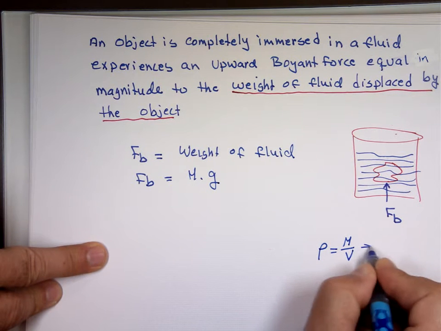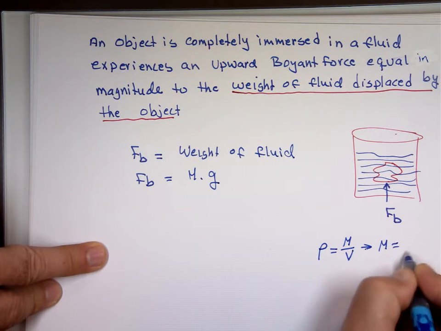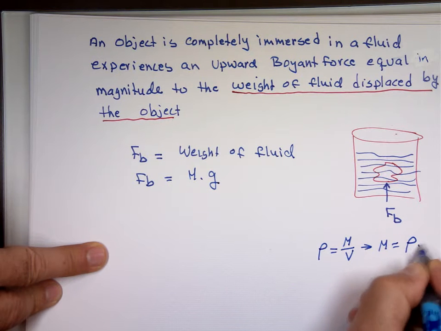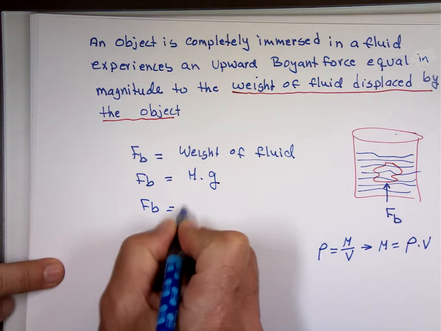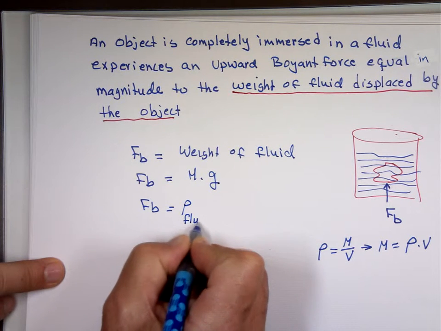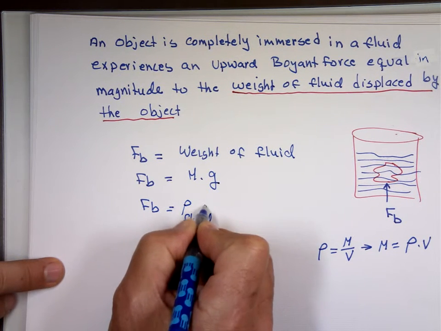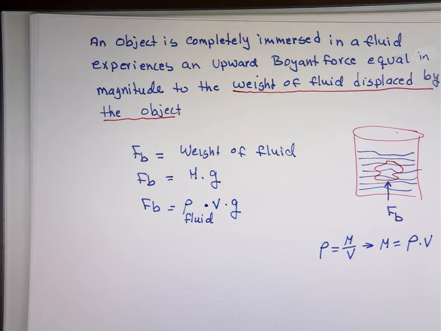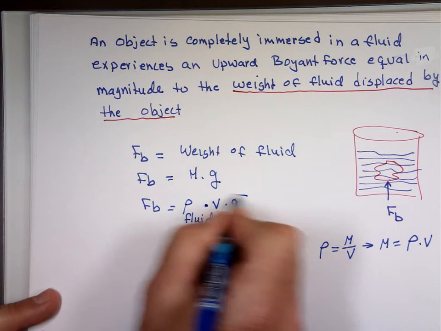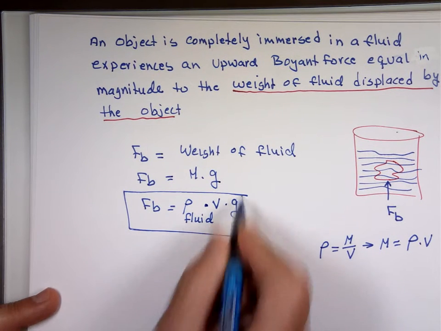That means the mass equals density, that's rho here, times the volume. So the F buoyancy is equal to rho of the fluid, not the object, the fluid, times the volume, times gravity. And that's the buoyancy force, always pushing upward here.